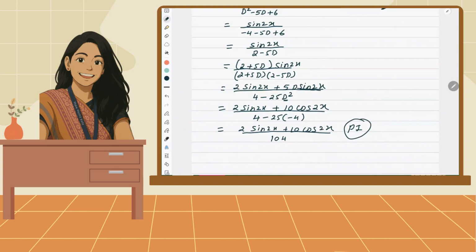If you want, you can cancel it by 2, otherwise you can leave it like this also. This is how I have to solve when I have the trigonometric functions sine and cos. For tan, cot and other functions, for which I am not telling you any method, there are different methods like variation of parameters. That we will take separately. So now let us practice a few more questions.